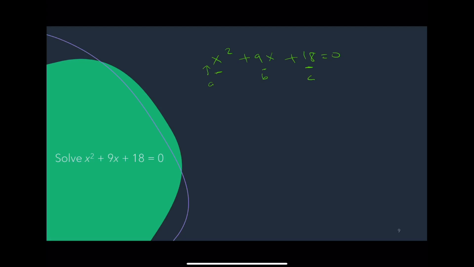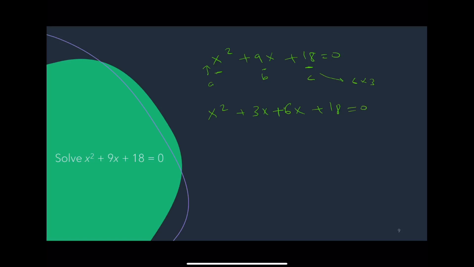We try to get the value of b, which is 9, and we can get this from 3 multiplied by 6, because that gives you the answer 18. So 18 comes from 6 by 3, so we can apply it here and replace the value for 9x. Let's try that. x squared plus 3x plus 6x plus 18 equals 0.